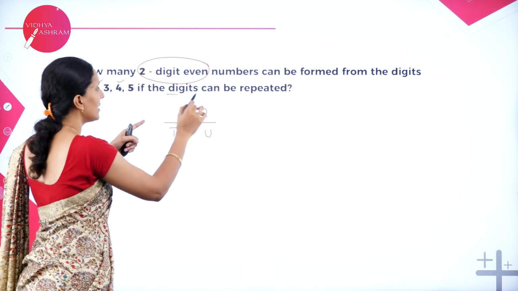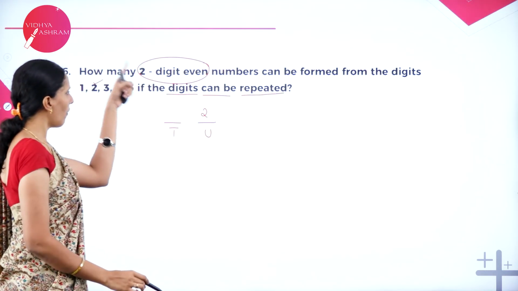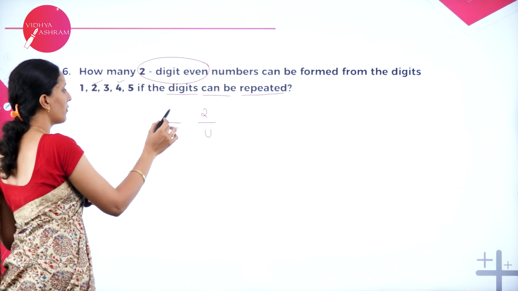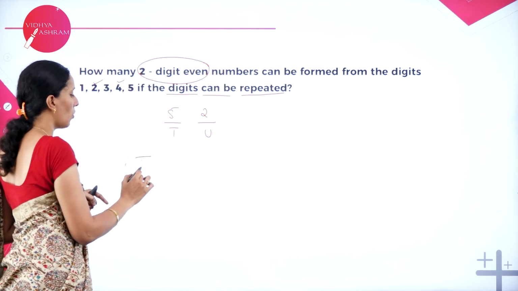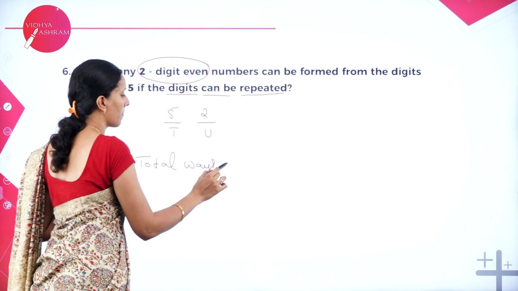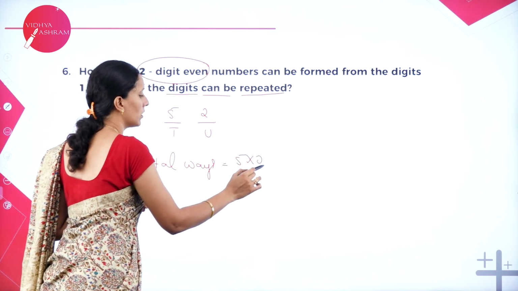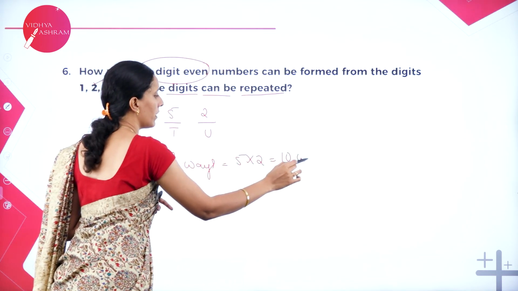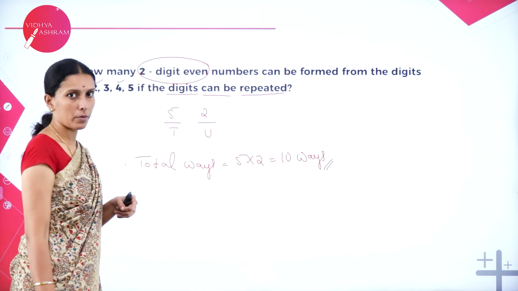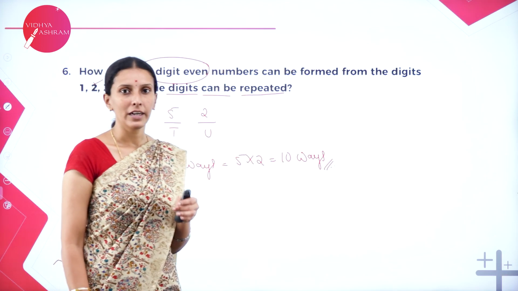And here digits can be repeated, so I have all the chances of substituting for the tens place, that is 5. So the total ways will be 5 into 2, that is 10 ways, or 10 2-digit numbers can be formed with repetition of digits. So this is how arrangements can be done in different ways.